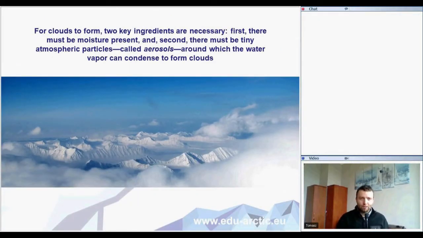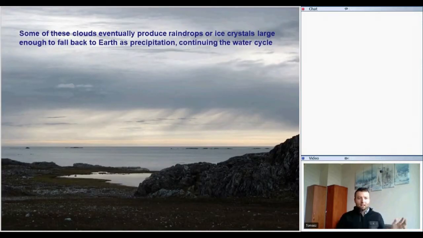For clouds to form, there is one thing necessary. These are tiny atmospheric particles called aerosols. Around aerosols, water vapor can condense, so a water drop appears, and it condenses and forms clouds. And these clouds can produce raindrops if those small particles grow inside the clouds.